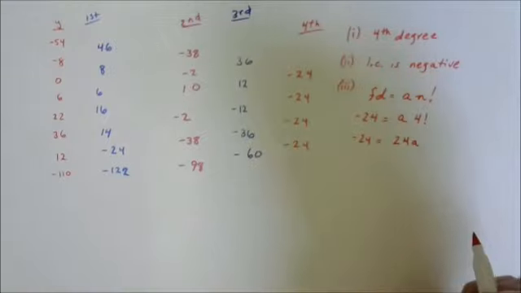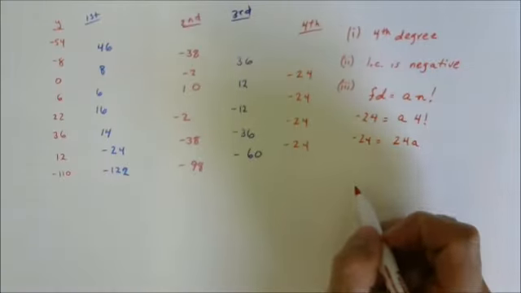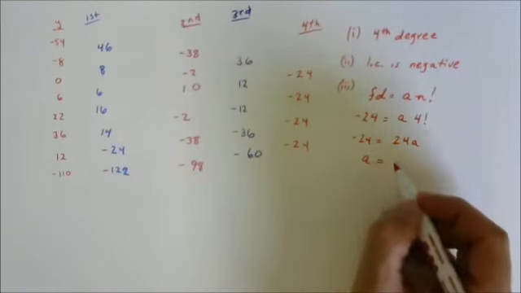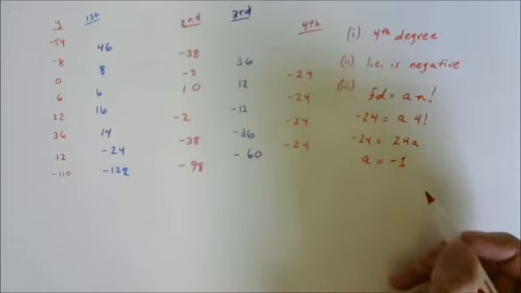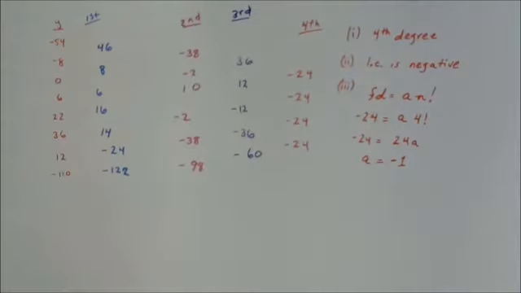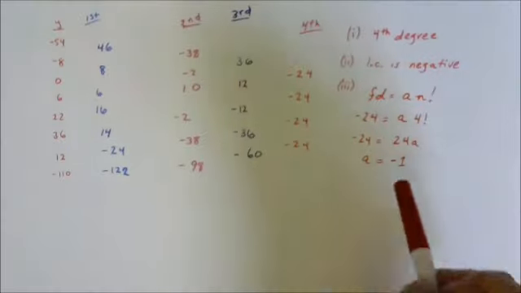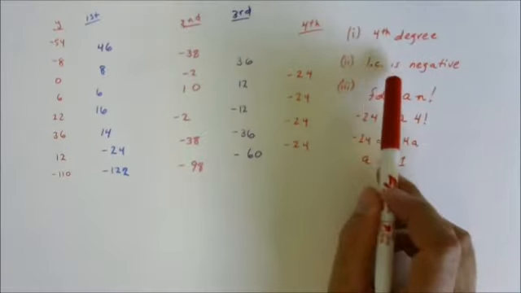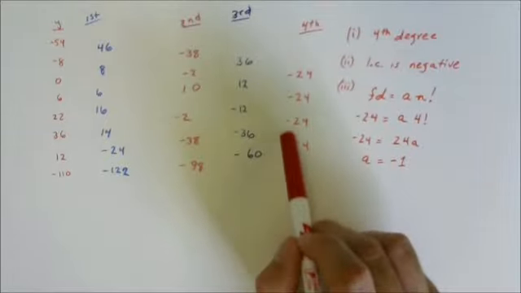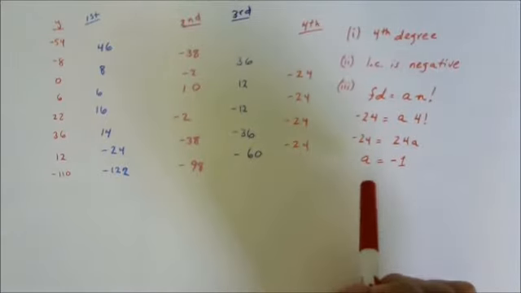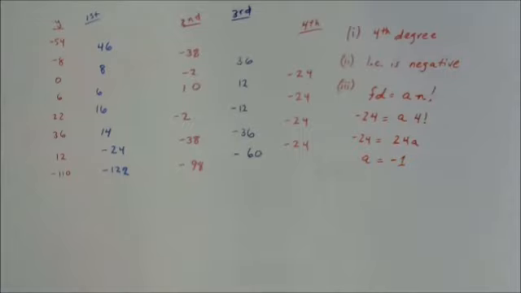So on the right side of the equation we have 24a. Divide both sides by 24. We have a leading coefficient of -1. If you accidentally write 1 instead of -1, you can always double check with what you already figured out that the leading coefficient is negative because the finite differences are negative. Okay, a little double check is built in there.